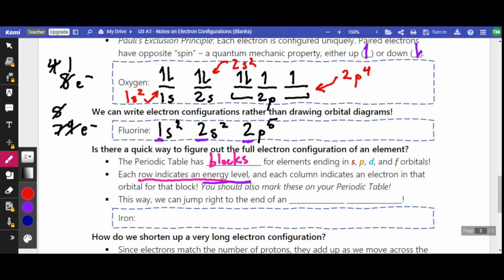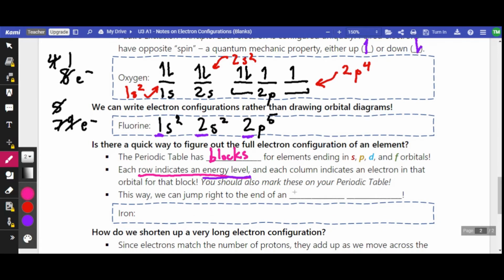So in the p block, we would have a column that accounts for this electron here, and one that accounts for this electron here, this electron here, and the other two that we're not showing in oxygen, for a total of 6. So we're going to mark these on a periodic table so that we can have this shortcut, so we can jump right to the end of an electron configuration.